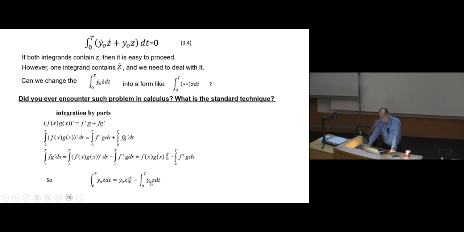Since y naught dot is f, I have to take another derivative, so it's y naught double dot times z, where g is z now. Because we want to deal with both terms, and they have different forms, I want to make them contain the same component z. That's why I need to do this, and we use a well-known trick: integration by parts. Any questions?